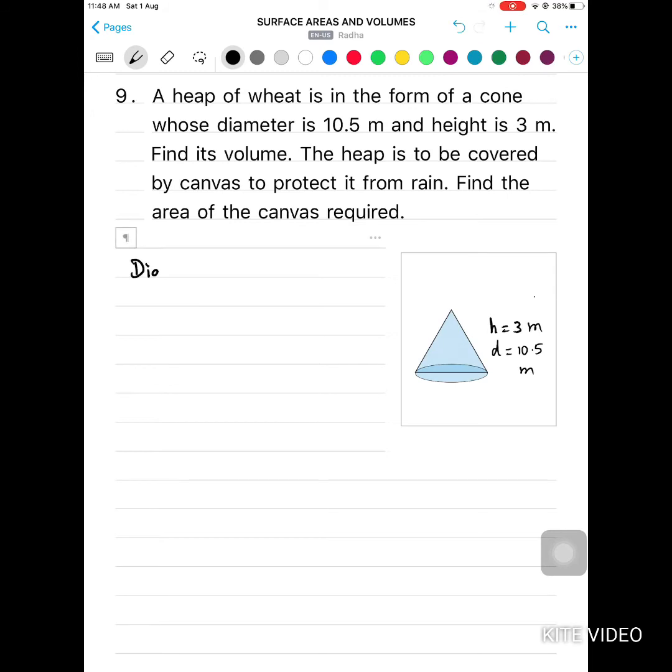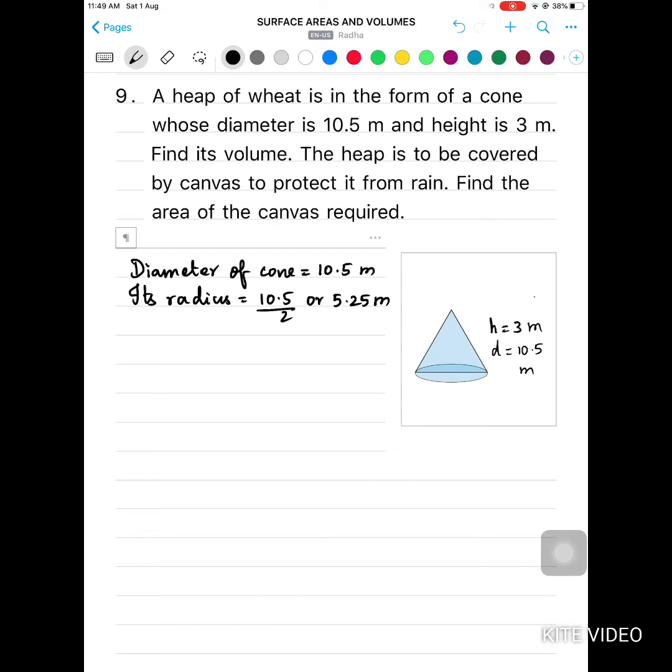So what is the diameter of the cone? That is given as 10.5 meter. From this, what is its radius? It is 10.5 by 2 or 5.25 meter.